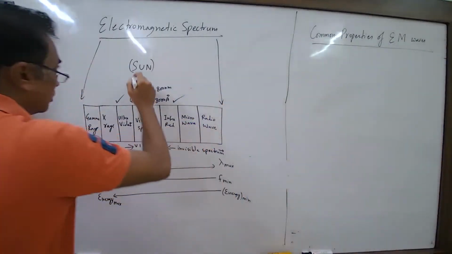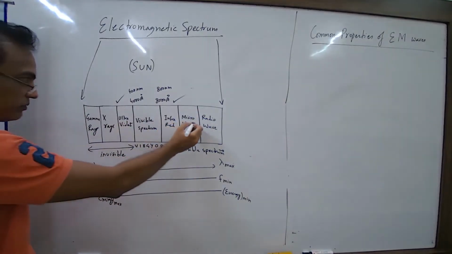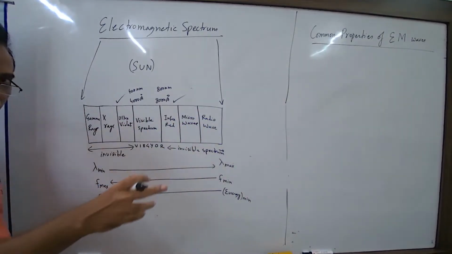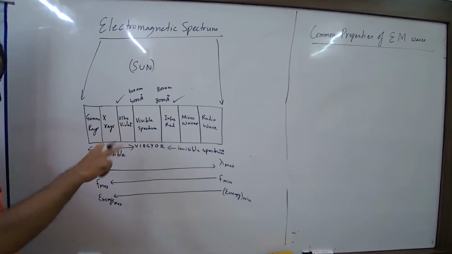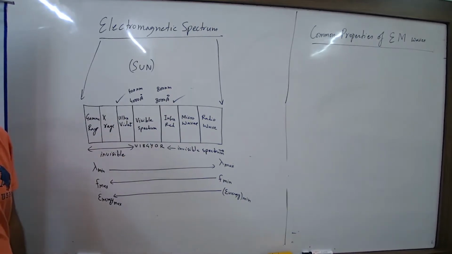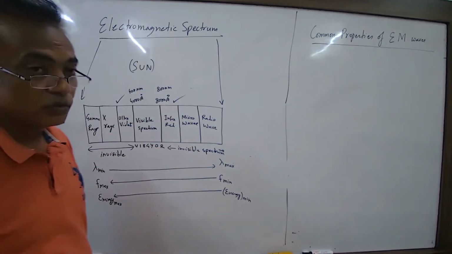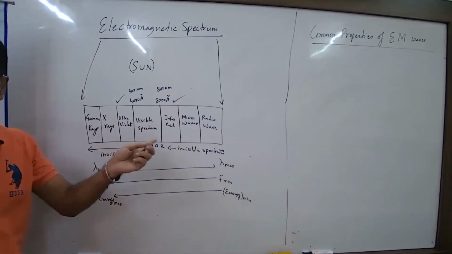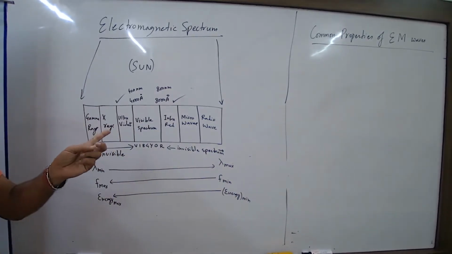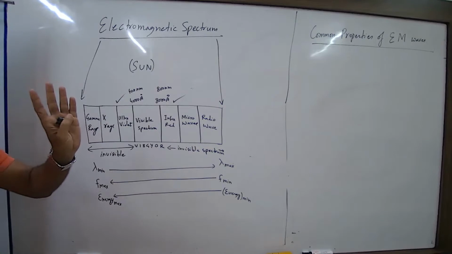So, all these are waves only, okay? Everything, light wave, it is called light wave. Radiation is in the form of wave, right? Sound is a wave. Is it part of electromagnetic spectrum? No. Sound is a different type of a wave, right?